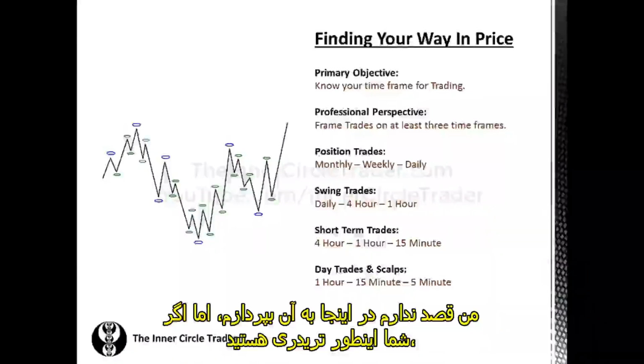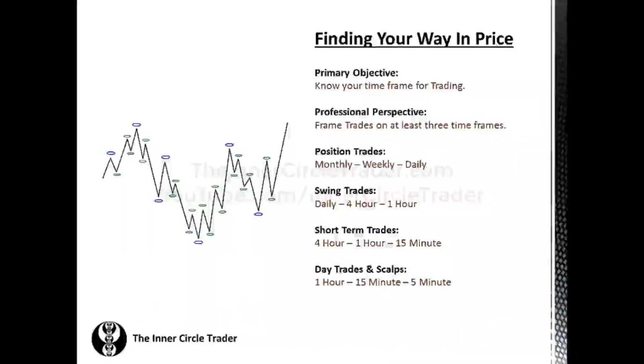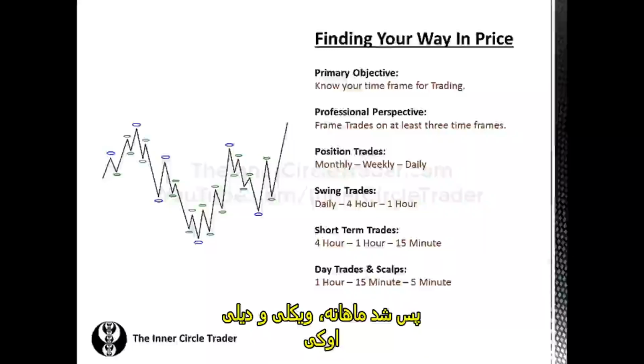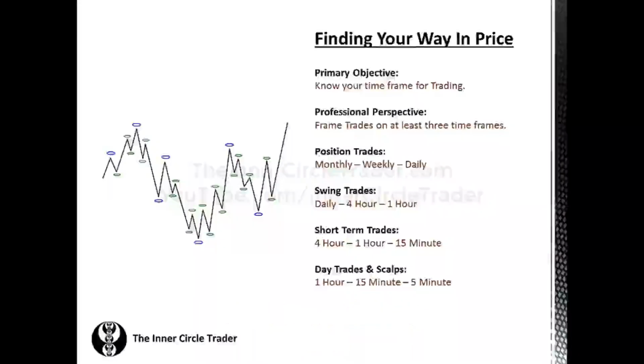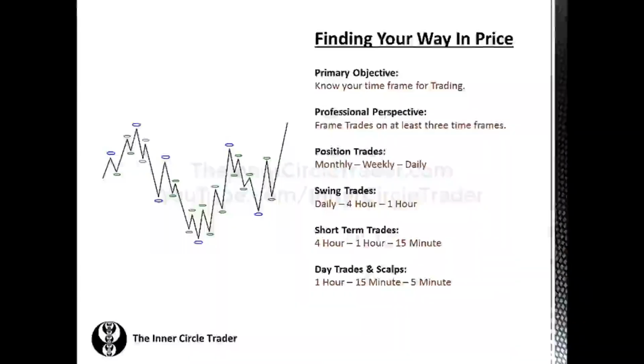I'm not going to cover that here, but if you are that type of trader, the 3 time frames you would utilize to break down market structure for your particular market would be the monthly, the weekly, and the daily. Okay, monthly being your highest time frame, your weekly being your mid-level time frame, and then you have your daily. That would be your short term.